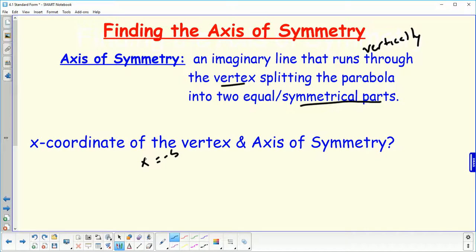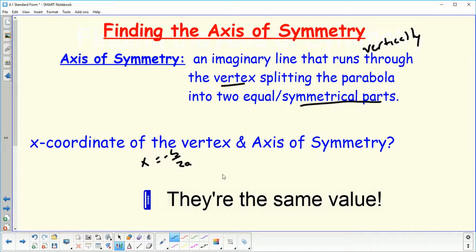That is your negative b over 2a. The nice thing is once you've found that, you've already found your axis of symmetry as well, because they're the same value. So in your equation it would actually be x equals negative b over 2a. This is really a valuable piece of information. That's going to give you the equation for the vertical line that is our axis of symmetry.